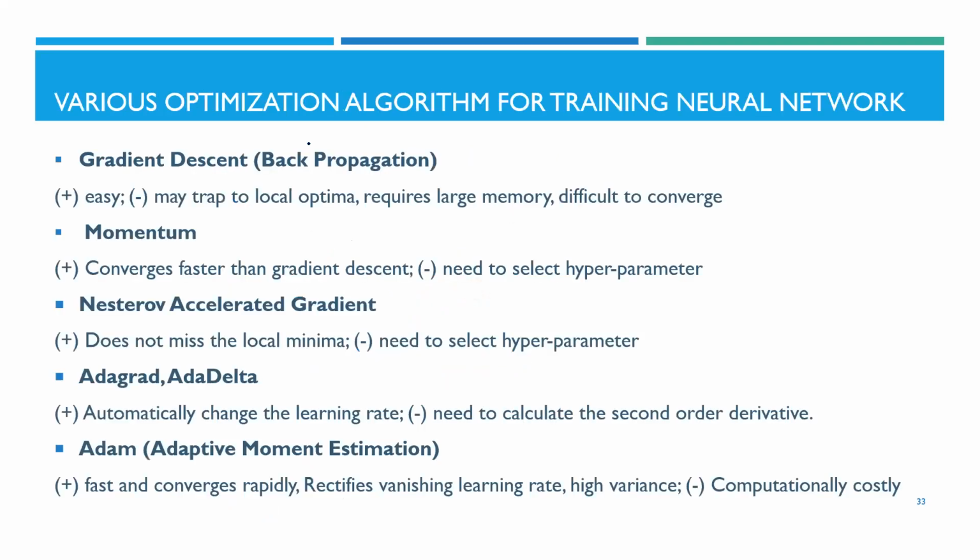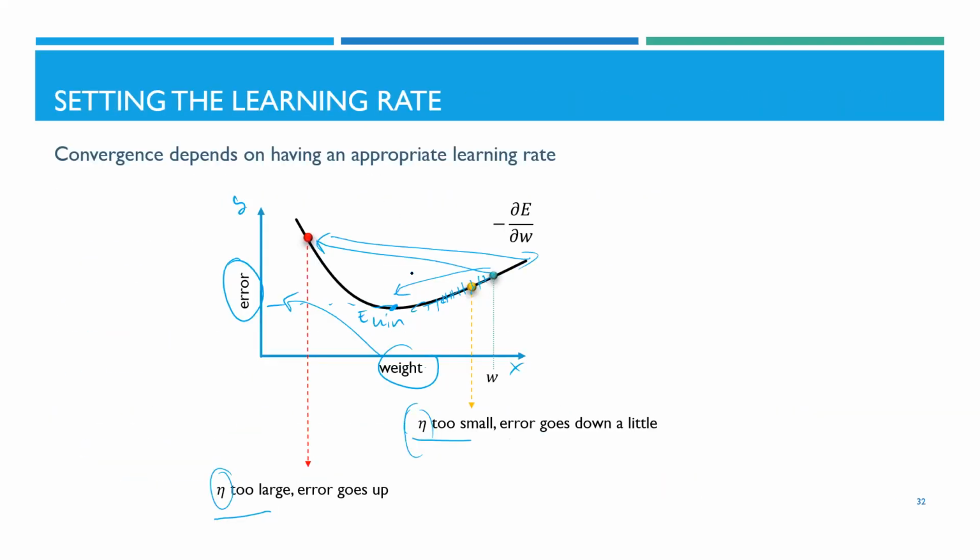Okay. So some algorithms try to use a dynamic learning rate. It means that the learning rate will decrease as the number of iterations increases.